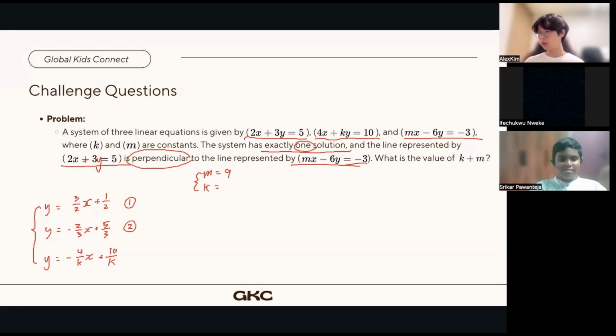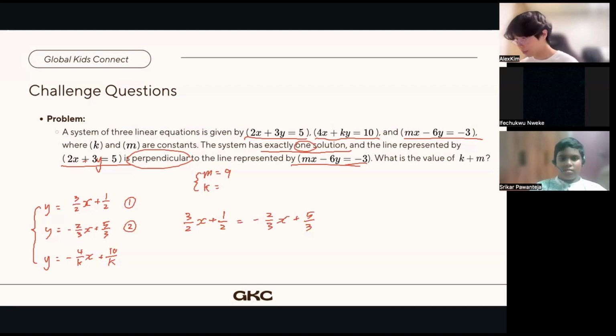So we will set these two parts equal to each other. If we do that, then we get 3 over 2 x plus 1 over 2 is equal to negative 2 over 3 x plus 5 over 3. If we know this, then we can now solve for the value of x.